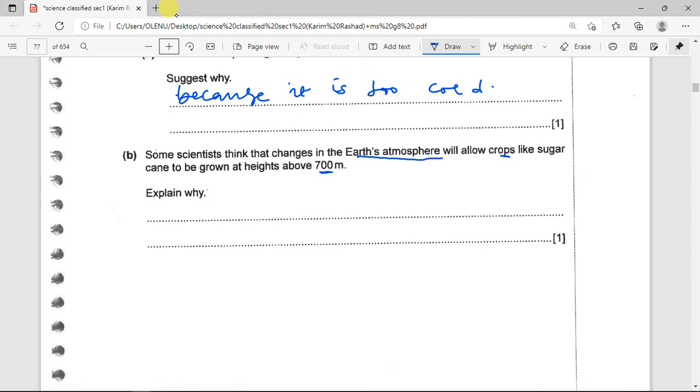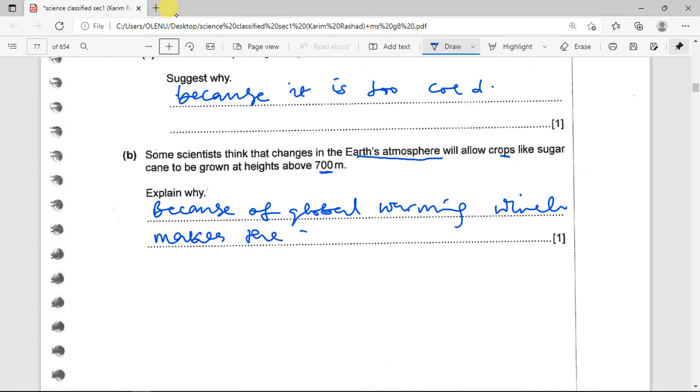Well, scientists think that because of global warming, which makes the earth temperature rise, which makes the air temperature rise also.